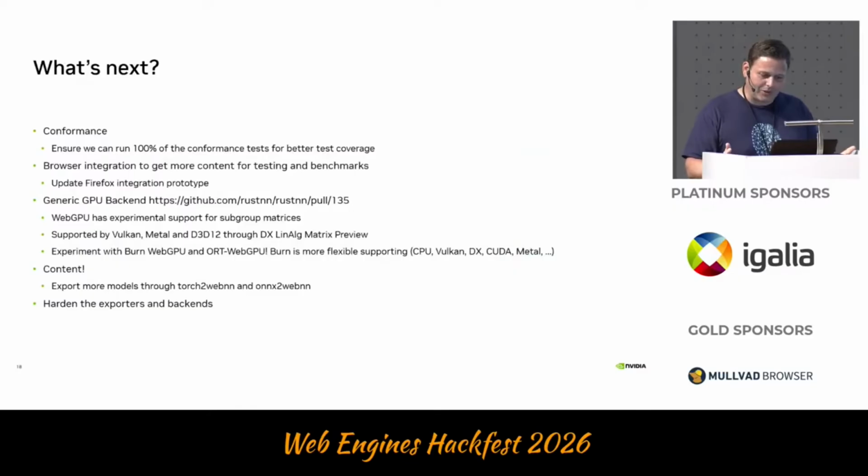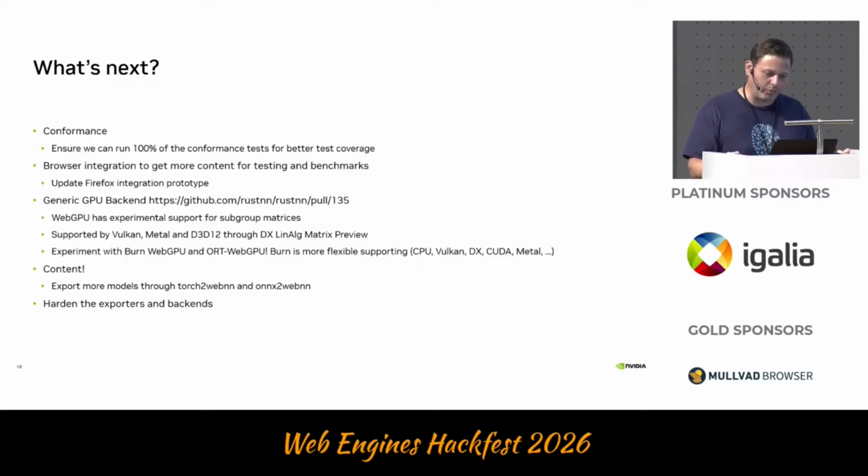This is what's next. Yeah, conformance. We want to have 100% on every backend. Browser integration. Yeah, we want to ensure that we get an updated Firefox integration prototype. Tarek did one in December, but this is most likely no longer working and was insecure because it was in the main process, and I don't want to give this to anyone. Yeah, we need a generic GPU backend.